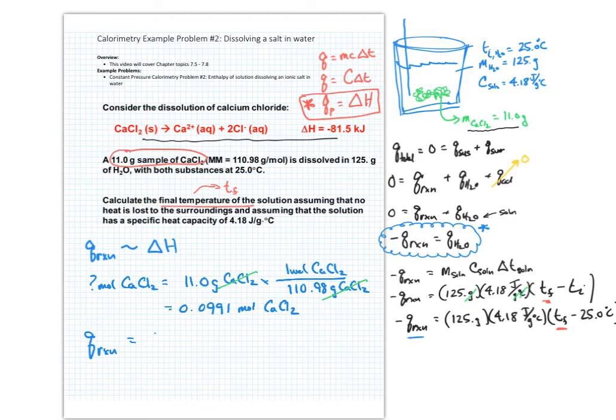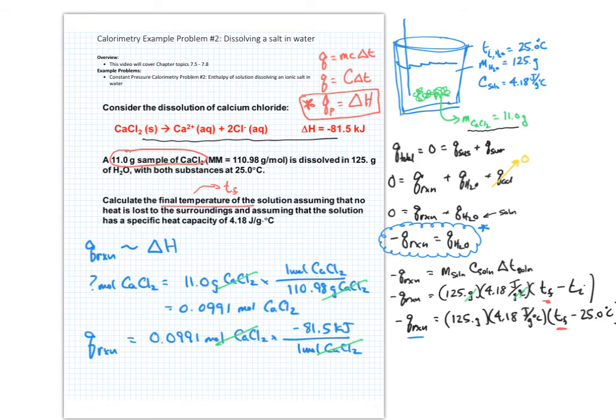All right, now I can find out how much heat was evolved in this reaction, and I'm going to start with the number of moles, 0.0991 moles CaCl2 times, we're going to use this factor and this thermochemical equation. This is a one-step calculation, minus 81.5 kilojoules for every 1 mole of CaCl2.